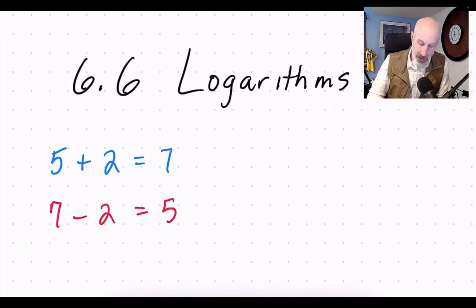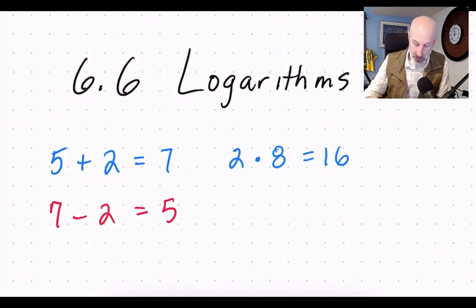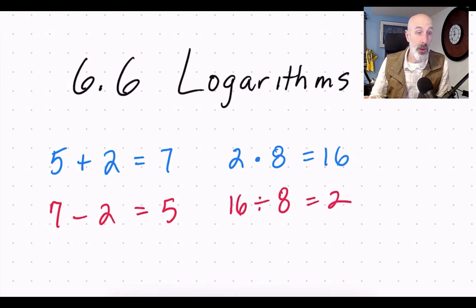Okay, we have 2 times 8 is 16, going forward. We can also say that 16 divided by 8 is equal to 2. And then we have sort of a backwards going thing. It's the same fact. It's the same times table, but in reverse.